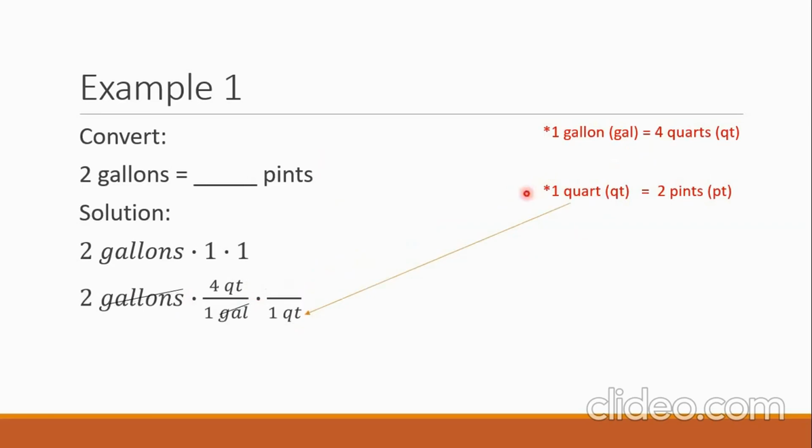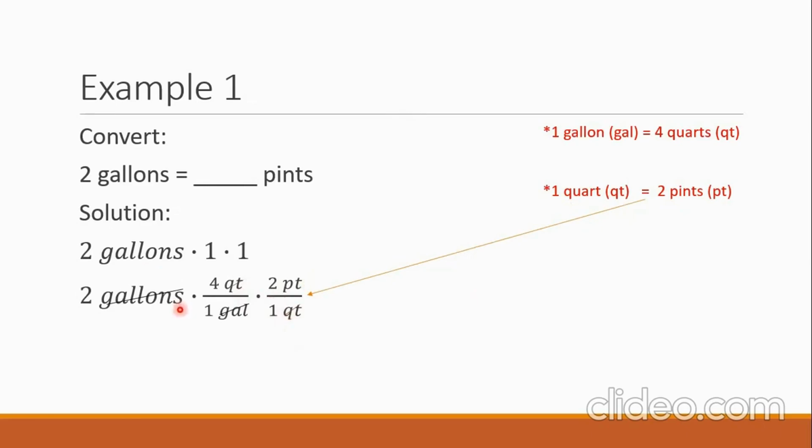So using the second formula, 1 quart equals 2 pints. The 1 quart I should put as denominator here so that later I will cancel this quart and that quart symbol here, followed by the 2 pints that will come in the numerator. Next is I will cancel the quart and the quart.